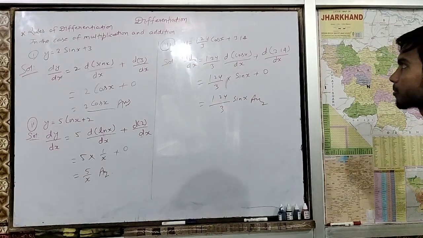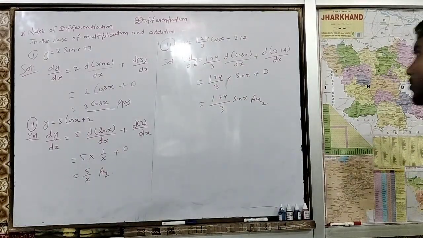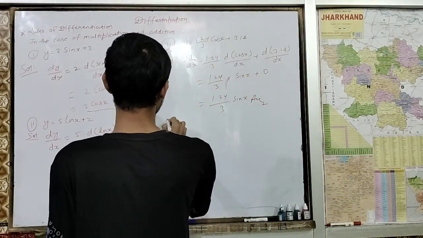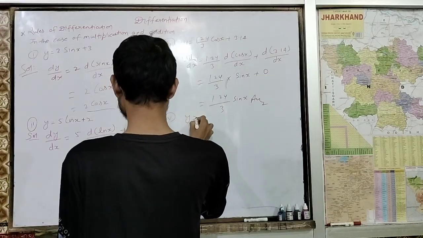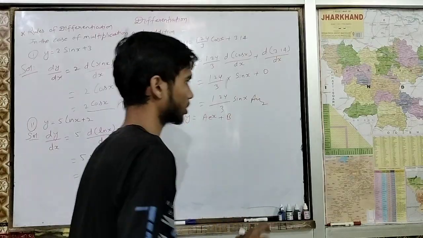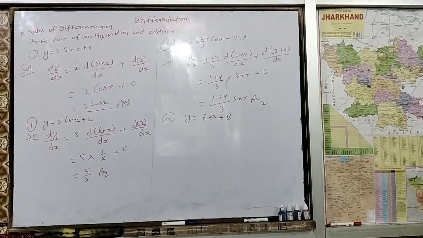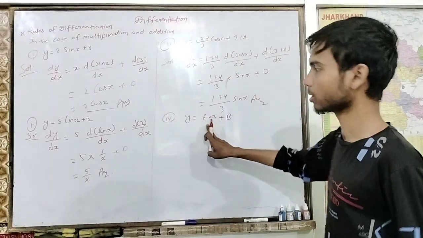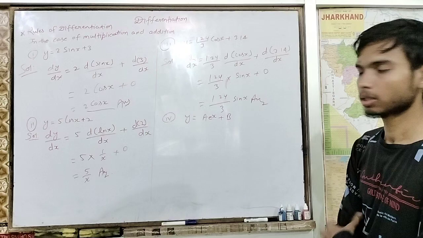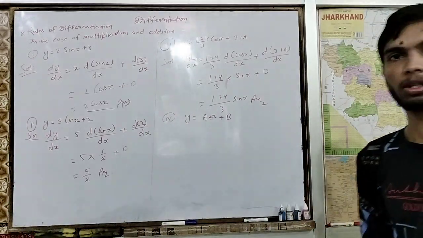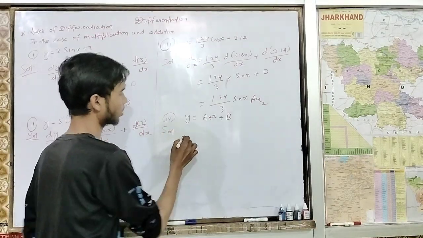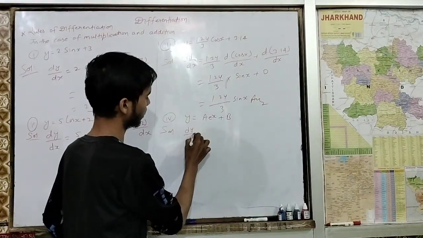Next question, let me write. Remember, A is a number, B is also a number. But here A is in multiplication and B is with the addition operator. Look over here, dy upon dx.